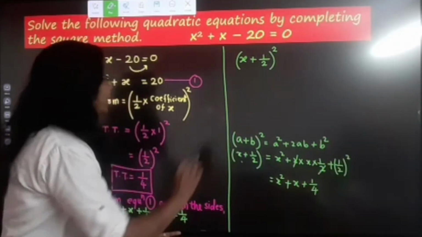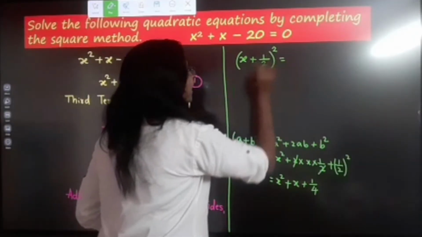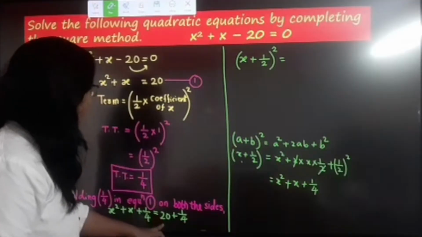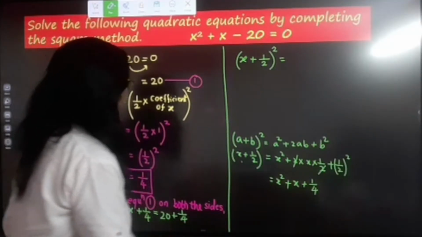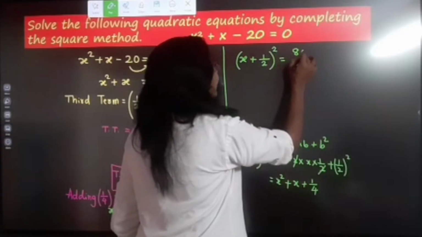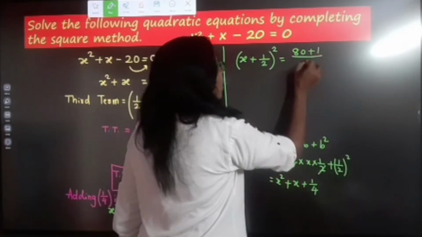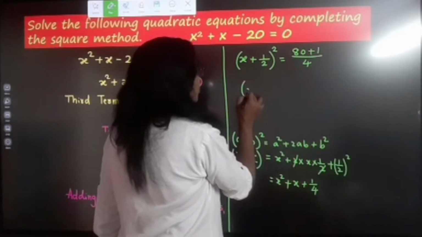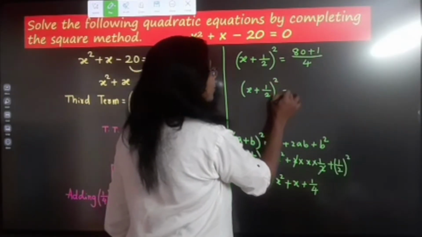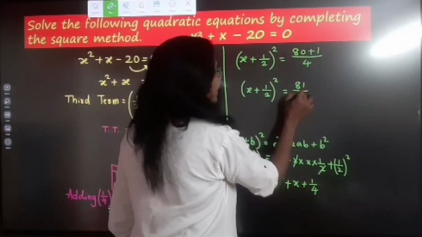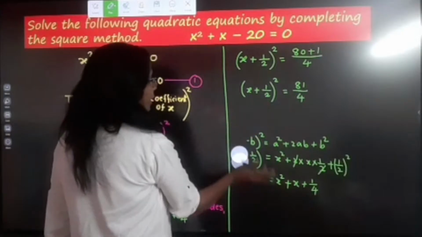So here I write down that it is equal to 20 plus 1 upon 4. That means here, students, cross multiplication, that is 80 plus 1 upon 4. So that means here, students, (x plus 1 upon 2) whole square is equal to 81 upon 4. Okay, students.